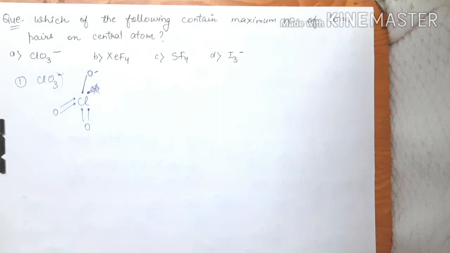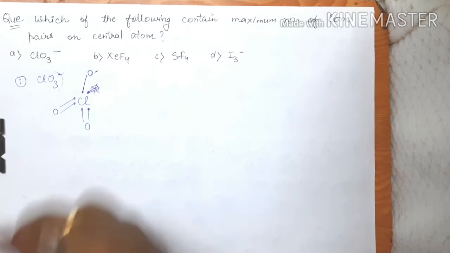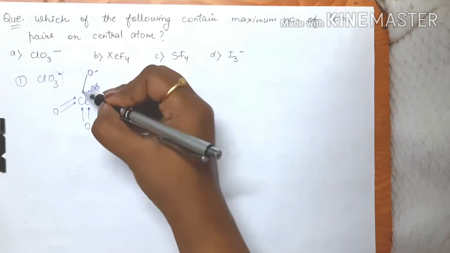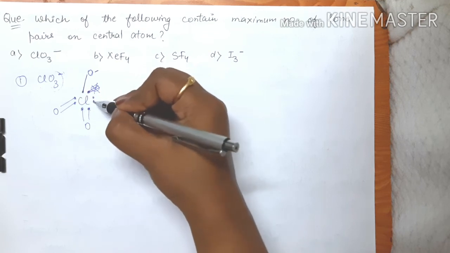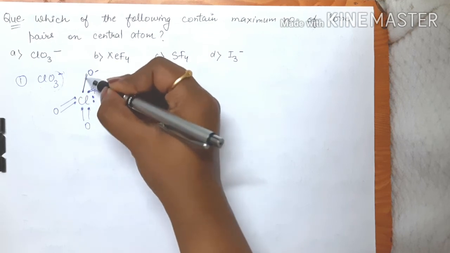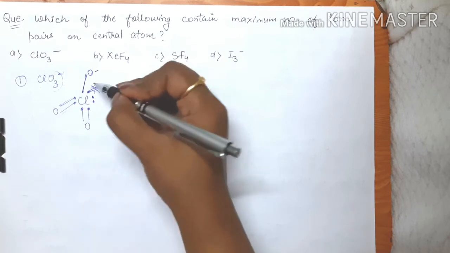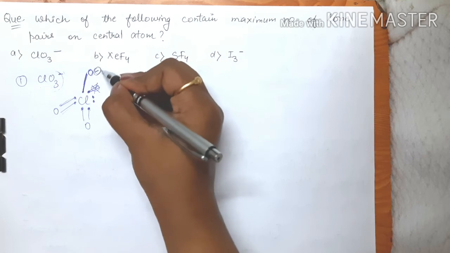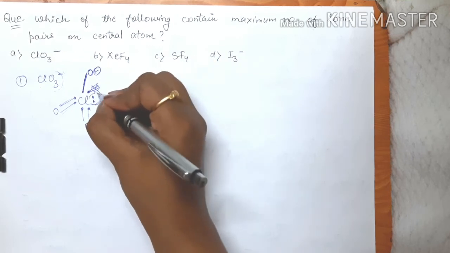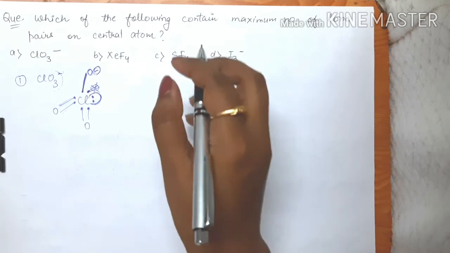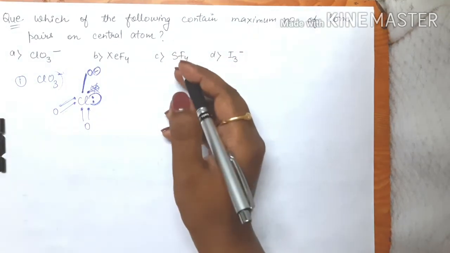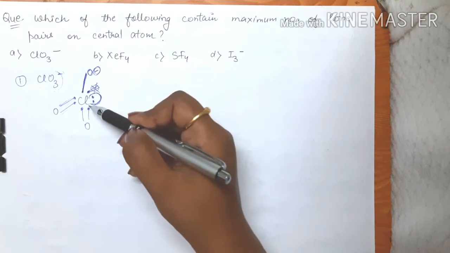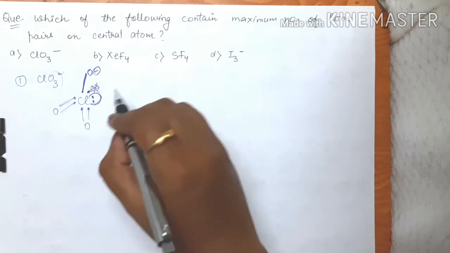After this, there are 2 more electrons because it has 7 electrons in the valence shell: 1, 2, 3, 4, 5, 6 and 7. So 2 oxygens are doubly bonded, 1 oxygen is singly bonded along with the negative charge, and 2 electrons are present as a lone pair. See, a partial lone pair we could make here if we want to give the negative charge onto this chlorine, but partial lone pairs are not very stable.